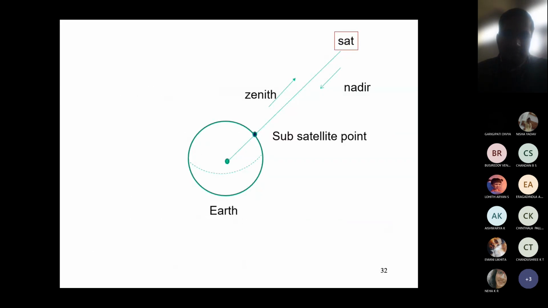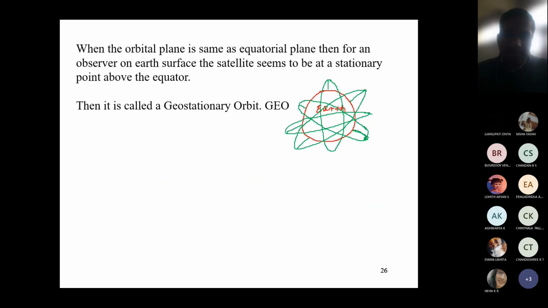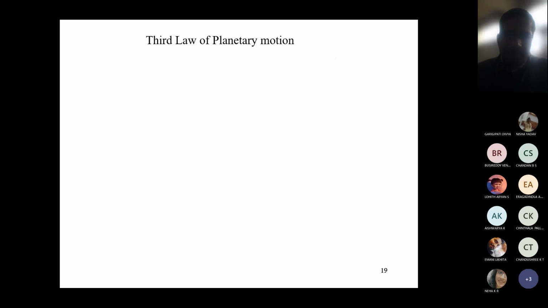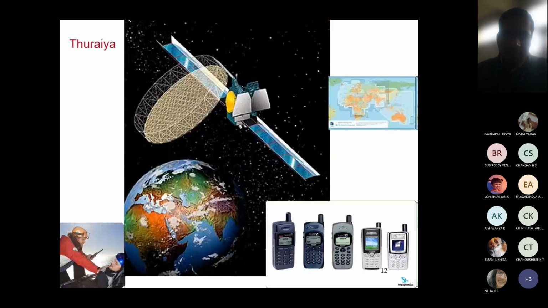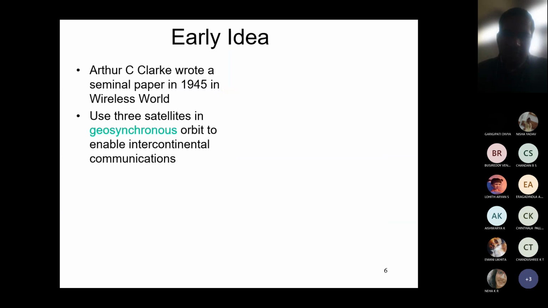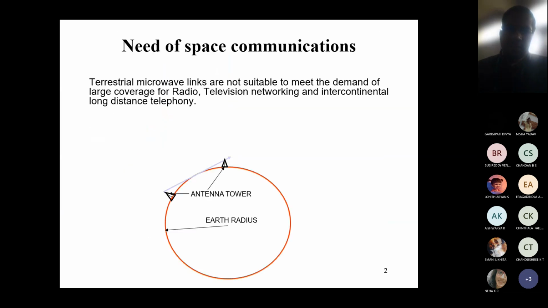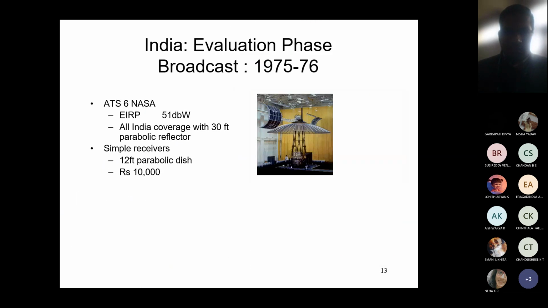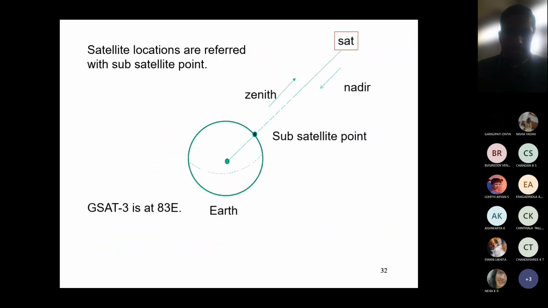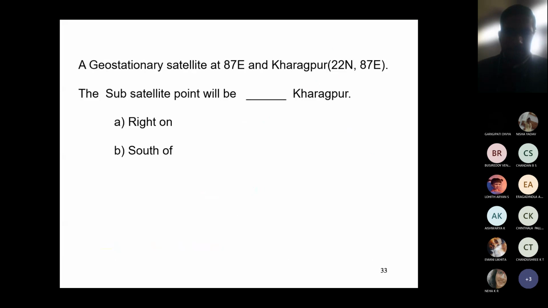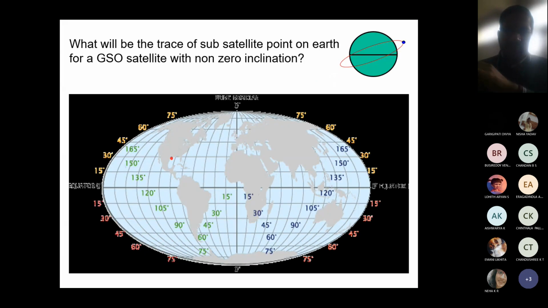Picture of an Earth. Yeah, you can see this is the Earth. So this is called the equator. This particular line is called the equatorial line.